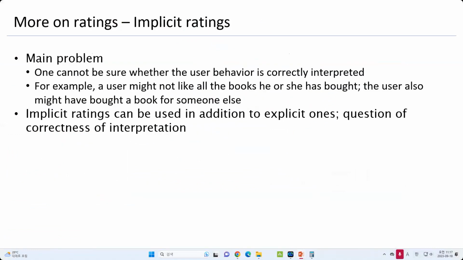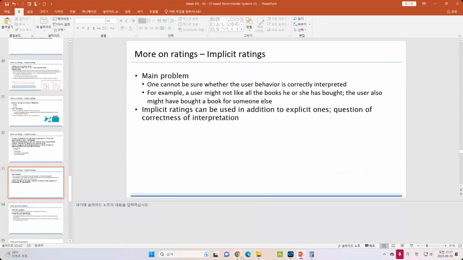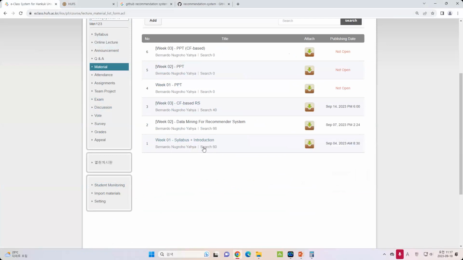But the main problem is that one cannot be sure whether the user behavior is interpreted correctly. For example, I do not know why there are 60 clicks on the e-class like this one. I'm not sure why there are only 20 students and 60 clicks. So it is not easy to interpret.